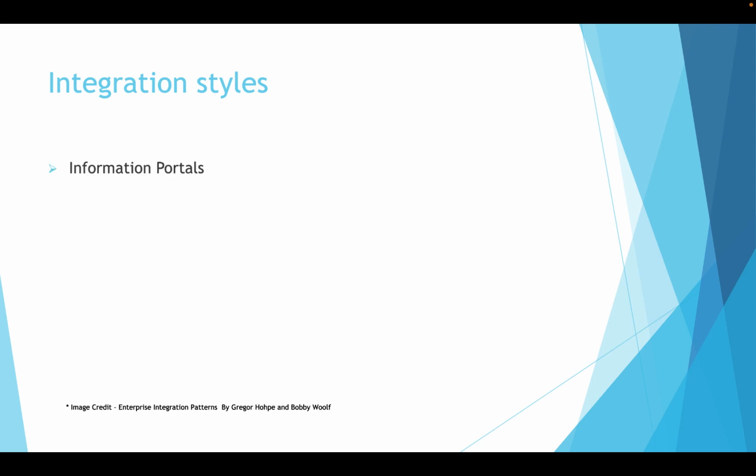Information portal is the first one. It provides a unified interface, often used for employees and customers. We will go into more detail on the next slide. Let's summarize here first. Second is data replication, which synchronizes data, typically for analytics and reporting purposes.